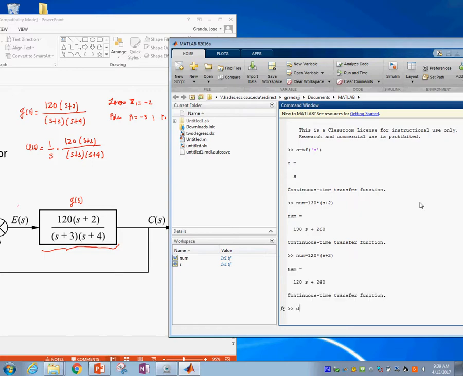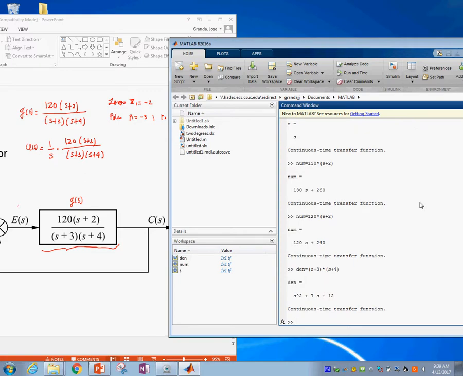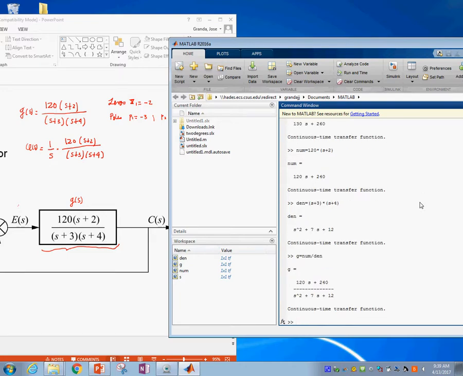And then the denominator of this transfer function is going to be S plus 3, close parentheses, and then you multiply by S plus 4, see? And then we're going to define what G is. G is the numerator divided by the denominator. You see? So you have this transfer function now.